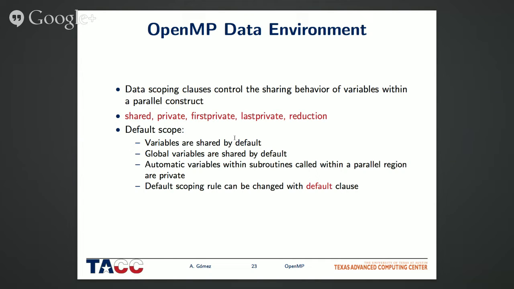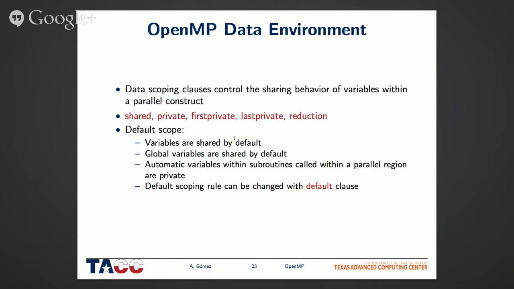All the global variables are also shared, as you can imagine. Everything that is declared once the threads have been created is private to the thread. So if your thread is calling one function, all the variables inside that function are private to that thread. Of course, all this can be changed by using the default clause.